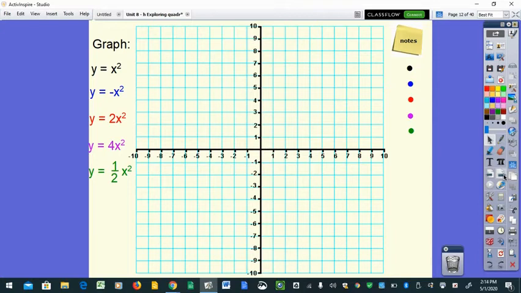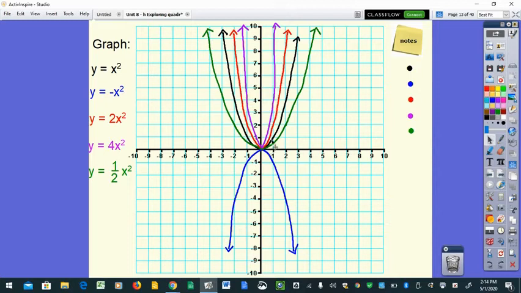Okay, let's take a look and see how you did and if you understand what's going on here. So remember that the black one is the parent function. That's y equals x squared, and I've got my cursor moving on it right now. When we put the negative in front, it reflected, and still every one of these still has its vertex at (0, 0). It hasn't moved that way, but it has reflected with the negative or gotten wider or narrower with the number in front.